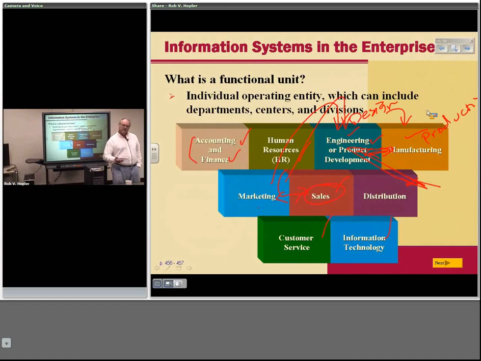Because the idea of innovation with products is that if you have an innovation no one else has, you can charge more for it. That's business. 2 ways you make more money: sell more or cut your costs. Marketing isn't necessarily going to help you cut costs. These folks are. These folks will help you cut costs. Engineering and manufacturing. Marketing is going to tell you what the market wants. So all these people have to work together.